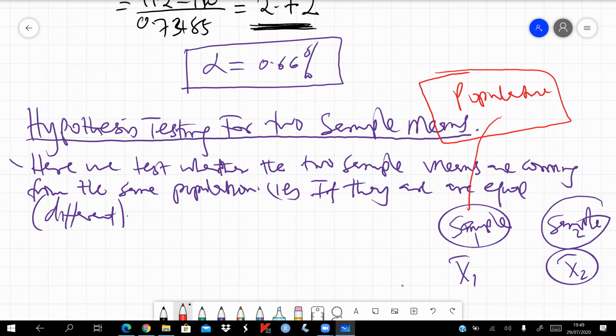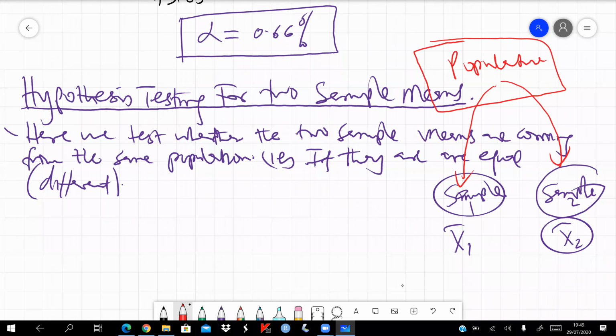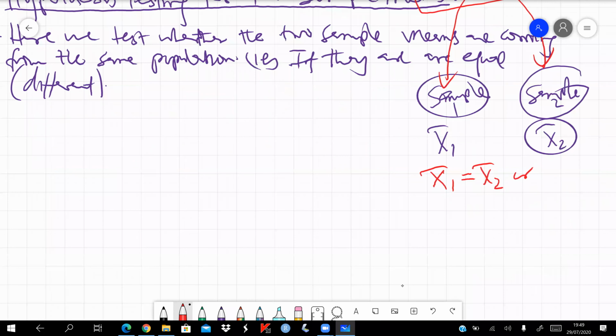If that is so, then we claim that X bar 1 and X bar 2 are not significantly different. So we claim that X bar 1 is equal to X bar 2. Or you can say that X bar 1 minus X bar 2 is equal to 0.